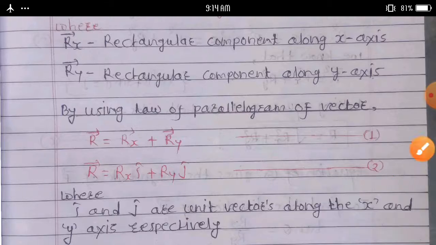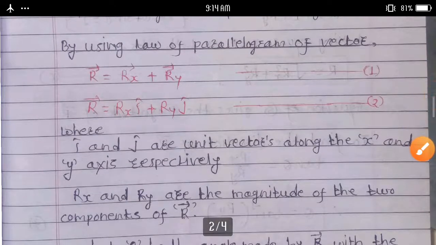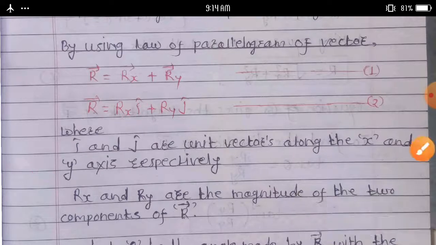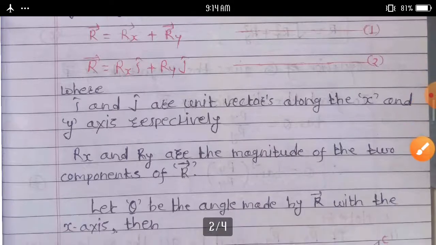Here i cap and j cap are unit vectors along the x and y axis respectively, and Rx and Ry are the magnitudes of the two components of R bar.